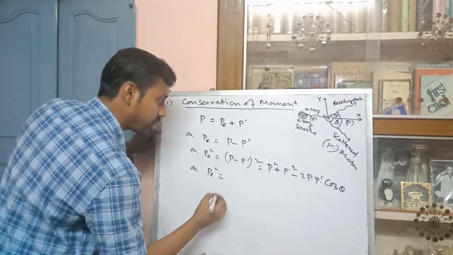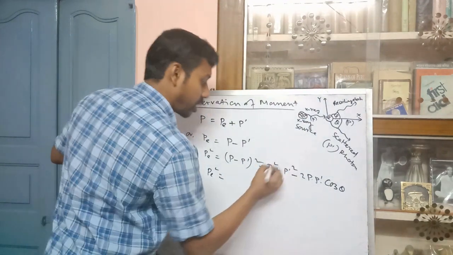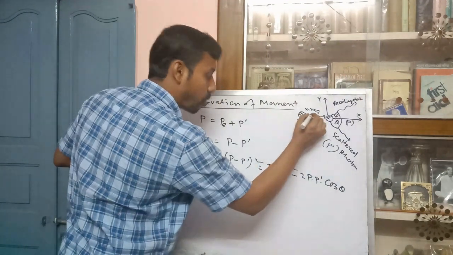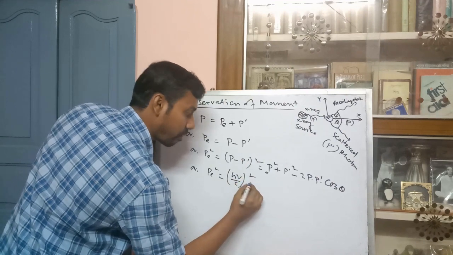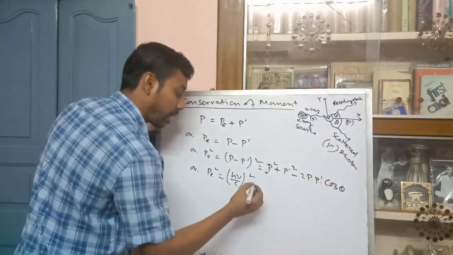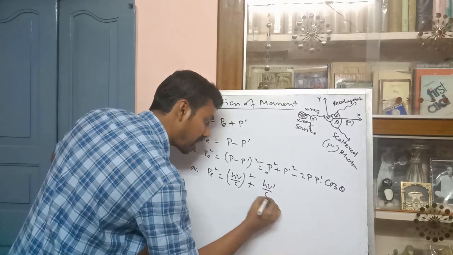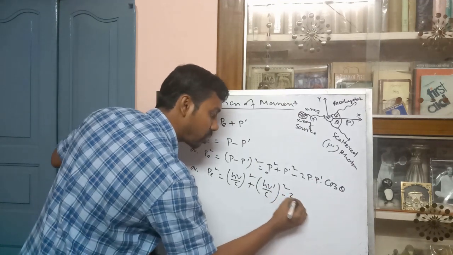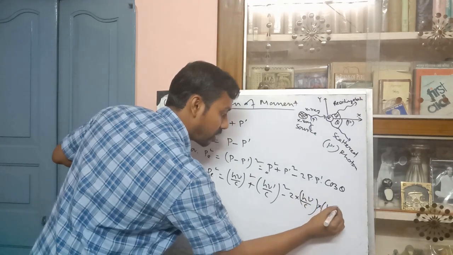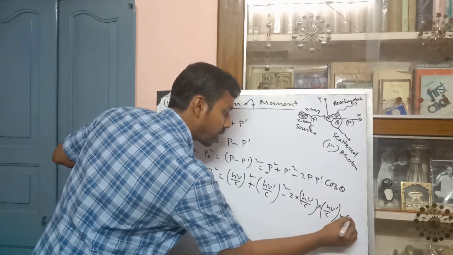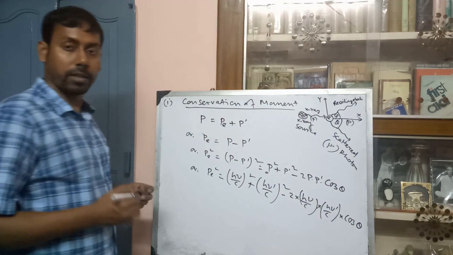Pe square is equal to P, the momentum of this photon, that is h nu by c, whole square, plus P dash, the momentum of the scattered photon, that is h nu dash by c, whole square, minus 2 into h nu by c into h nu dash by c multiplied by cos theta.